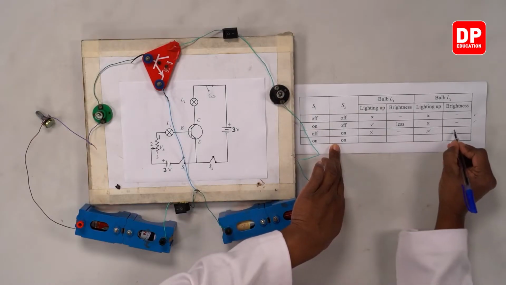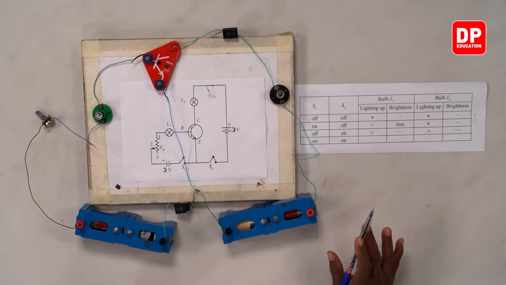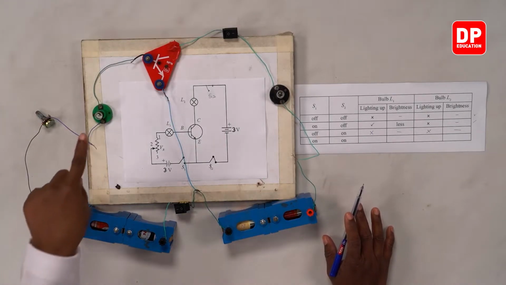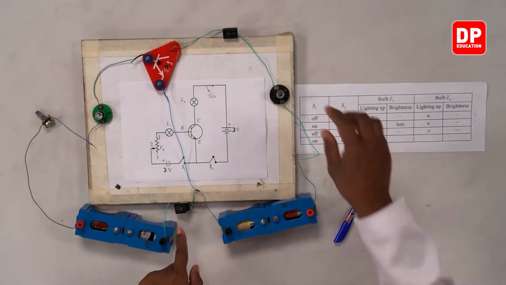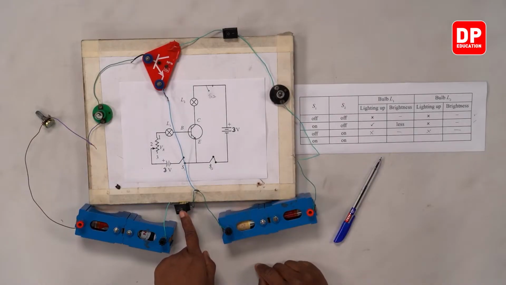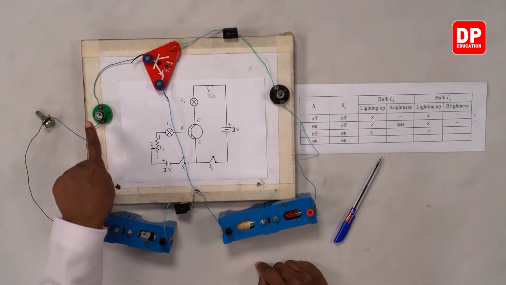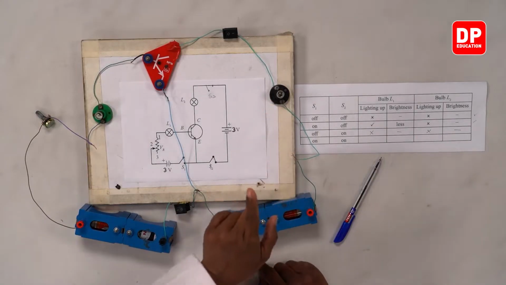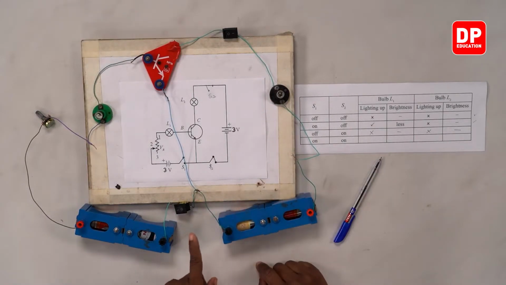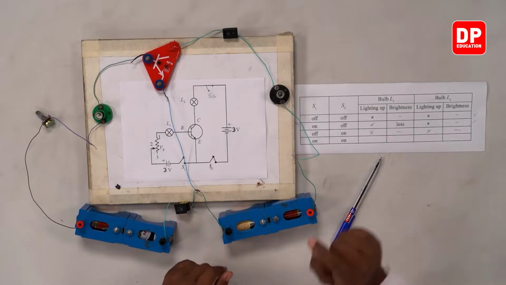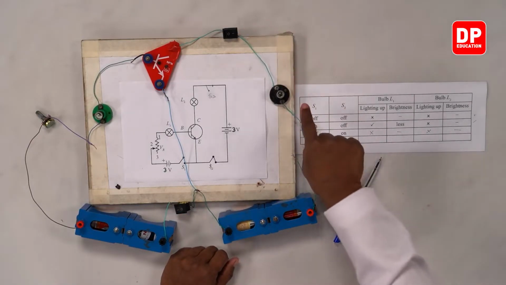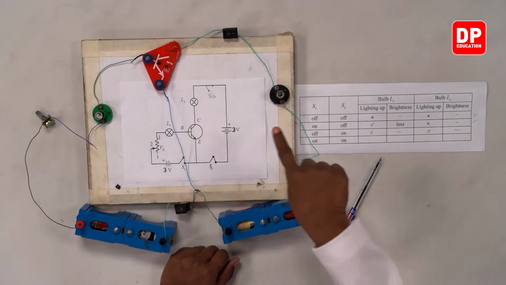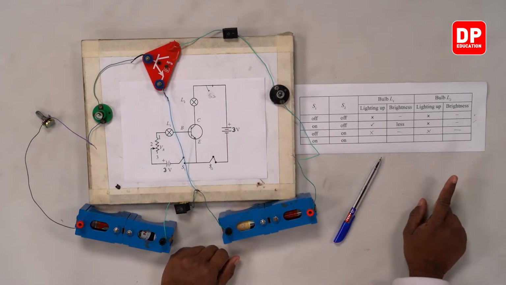So, there is no brightness. Now, here you need to understand, students. In the first instance, when we had S1 on, L1 came on, L2 did not light up. But here in this instance, S1 is off, S2 is on, but both the lights do not come on. So, that is a difference.